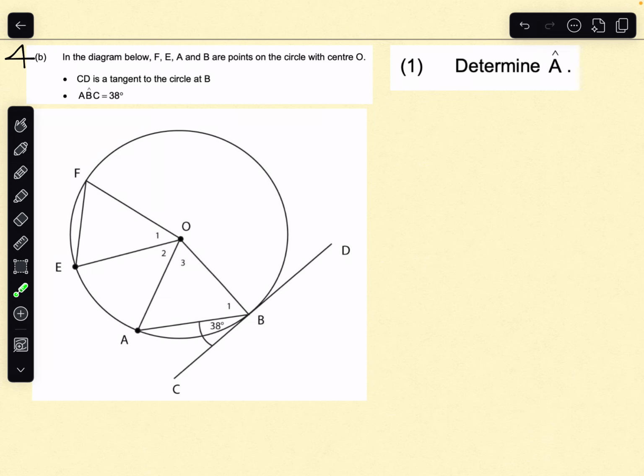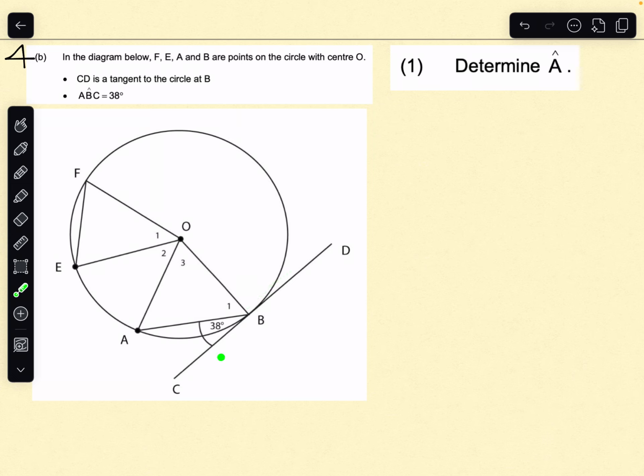Right, CD is a tangent to the circle at B. Tan-rad. If we only have one tangent, we can't talk about equal tangents, that theorem. Tan chord, maybe. We don't have any angles at the circumference though, so maybe not tan chord, but definitely Tan-rad. Right.